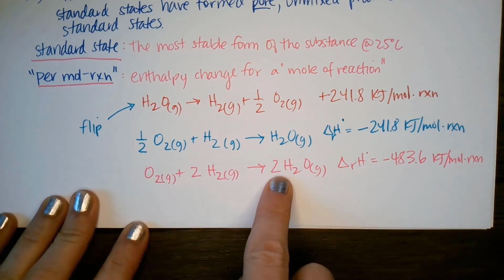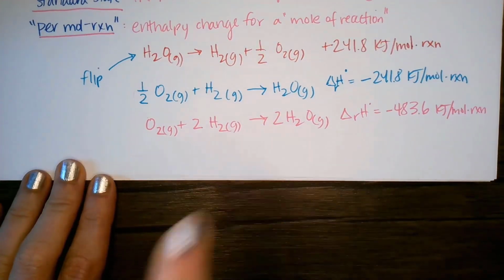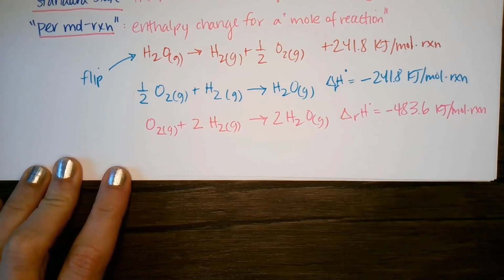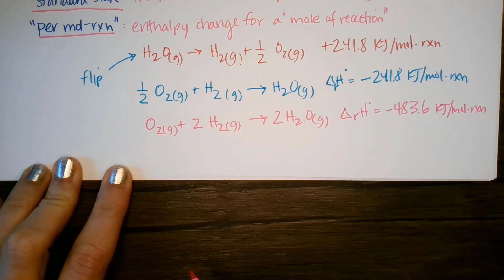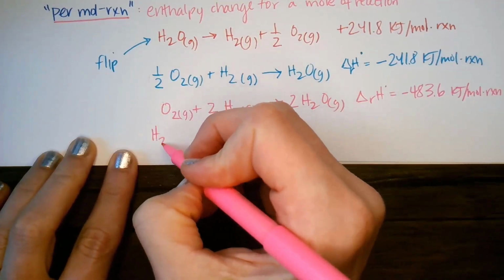And then also with that, if I double or triple or quadruple the quantity, I do the same for my delta H. Now it's also important to make sure that the states of matter are identified.